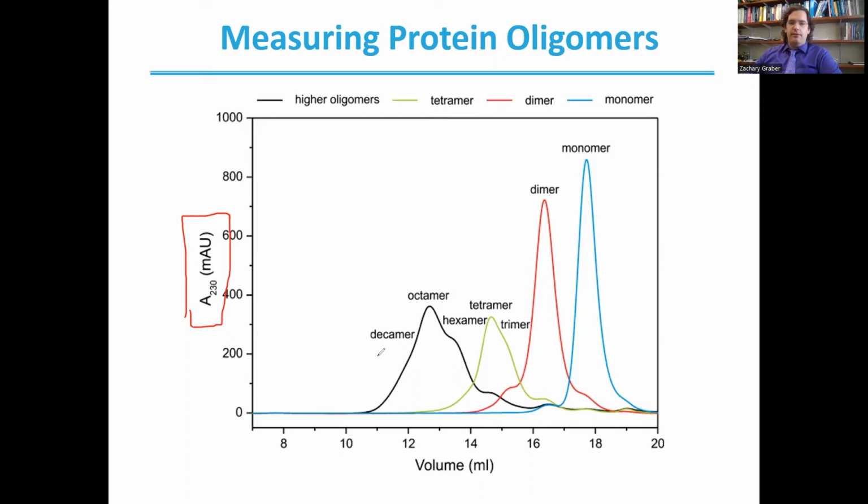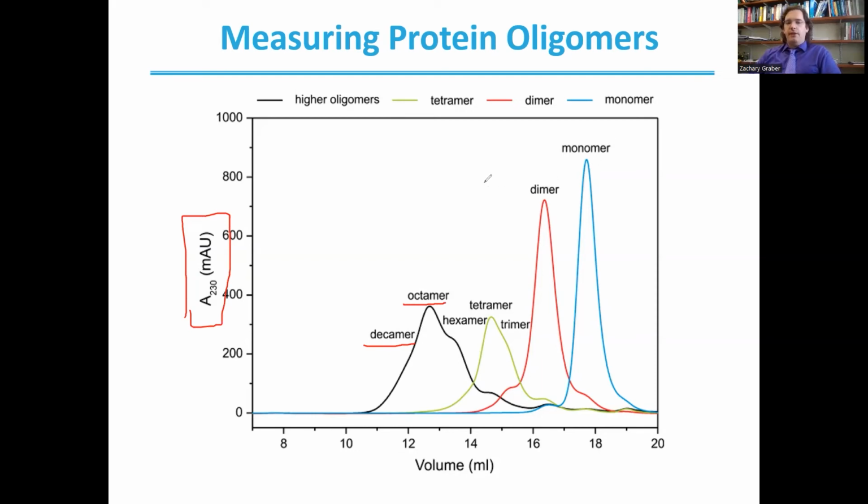So in this case, we have a decamer as our largest oligomer with an octamer coming out shortly after. Now, of course, all of our other oligomers will come out at repeated intervals after our initial oligomers. So in this case, we have hexamers, tetramers, and trimers, and then a dimer and a monomer.